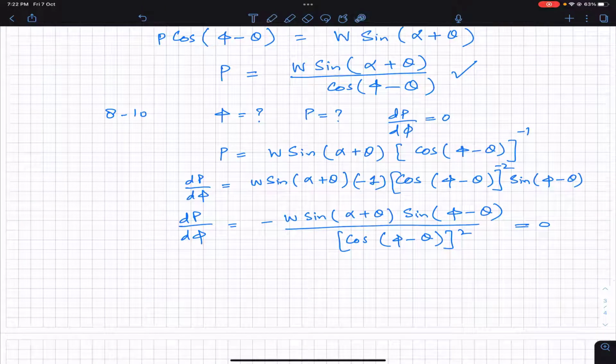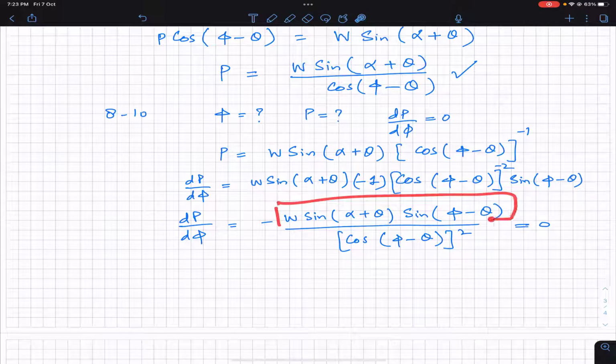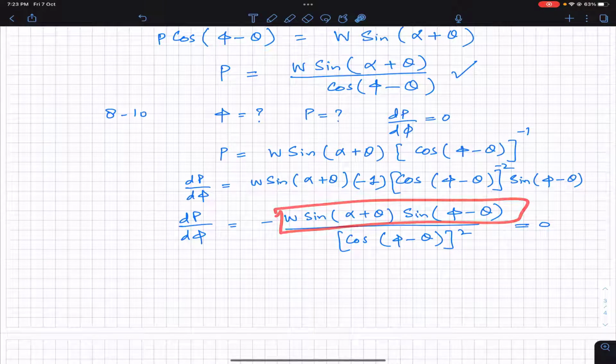In order to have this equal to 0, the numerator must be equal to 0. We cannot equate the denominator to 0, since this will make this fraction undefined. So only the numerator can be equal to 0.